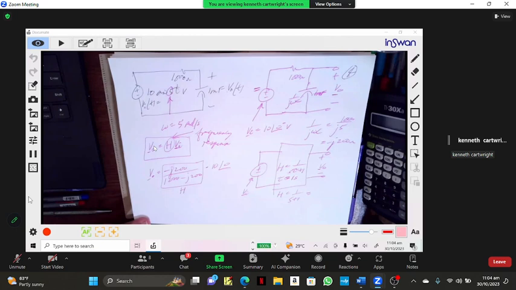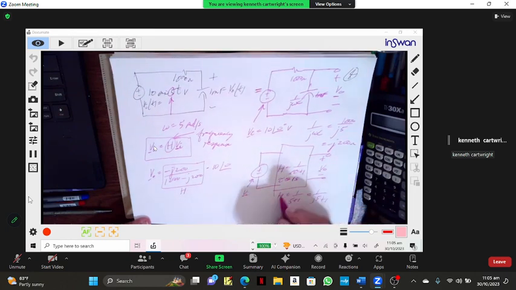What's S? That's j omega. And in this case, that's 5. j5 plus 1.